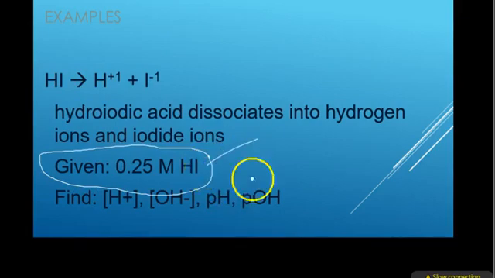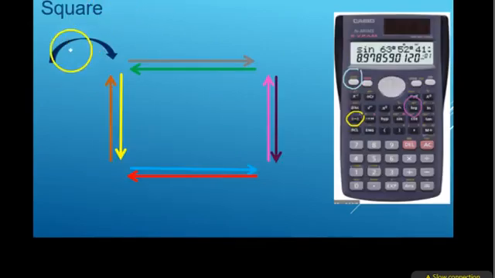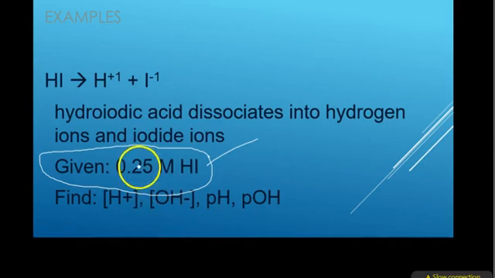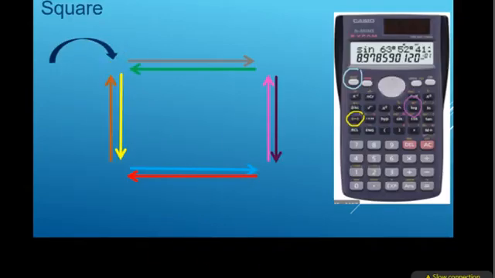Hopefully you know that I is in the list: HI, HNO3, HClO4, HCl, HBr. So this is a strong acid. If it's a strong acid, you jump right into the pool with the exact same number that you had a minute ago. So up here, jumping in is 0.25.